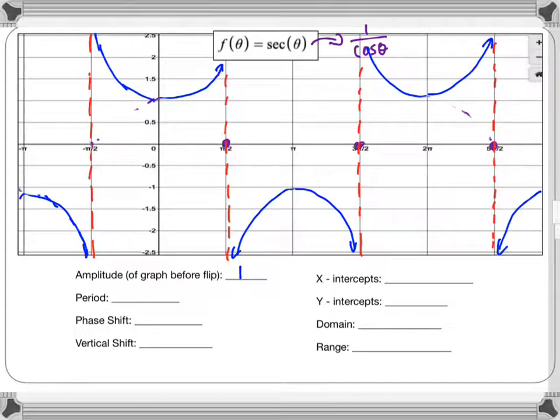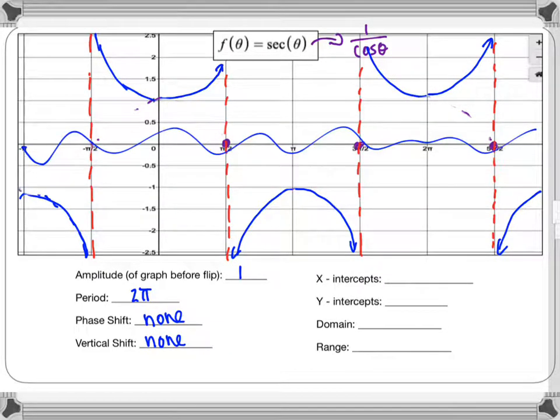You can look at it in a bunch of different ways, but here is a period of 2 pi, which basically means that it's going to start repeating itself over that. Okay, I'm going to get rid of that and then put 2 pi here. All right. There's no phase shift in the standard form, and there's no vertical shift in the standard form.